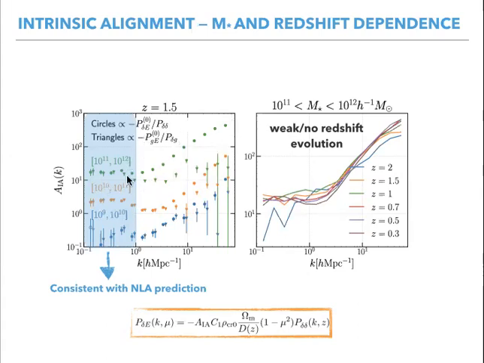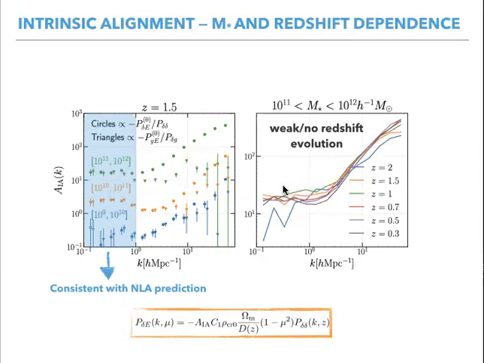At small scales, the intrinsic alignment signal gets stronger, which is reasonable because this is the one-halo region, and it describes how, for example, the central galaxies align with their dark matter halo. On relatively large scales, this A_IA becomes constant. This is consistent with the prediction of the nonlinear alignment model.